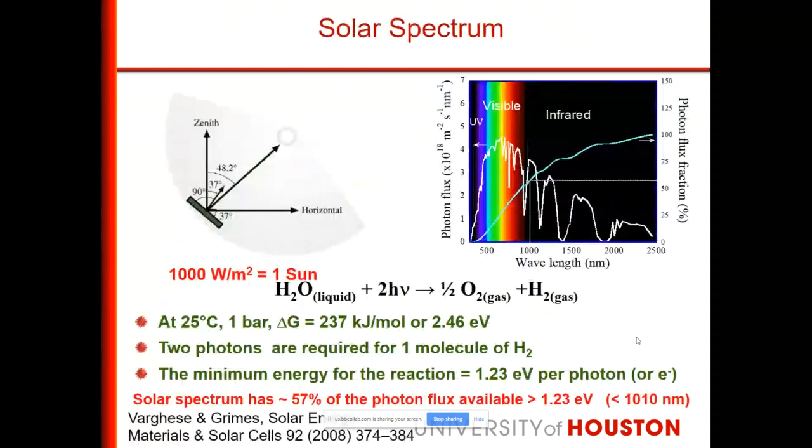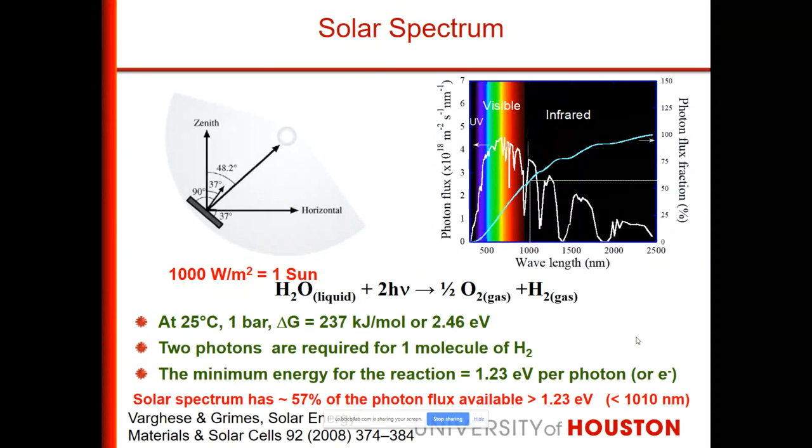I'm not going into the details of this, but the solar spectrum ranges from around 280 nanometers to around 2500 nanometers. Because of the restriction that we can use only 1.23 electron volt per photon, we can use up to around 1000 nanometers, in the near infrared region.